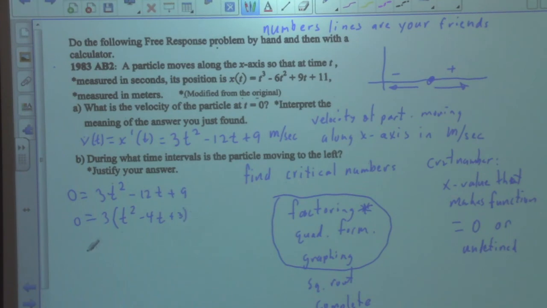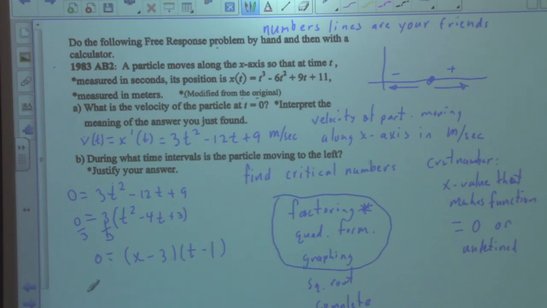You divide by 3, so essentially you get rid of the 3. So what are going to be your factors here? t minus 3 and t minus 1. Usually for these particle motion ones, when you factor them, you're going to get a minus, minus as your zeros.